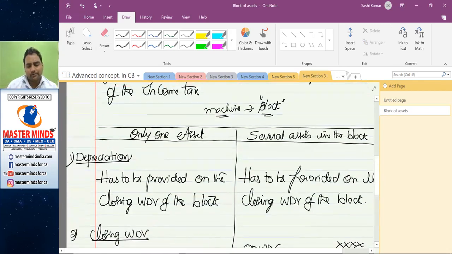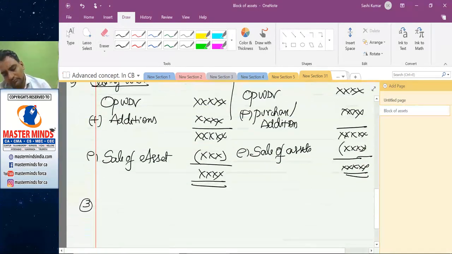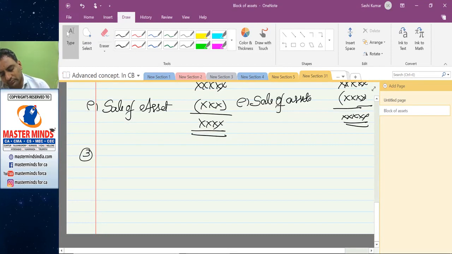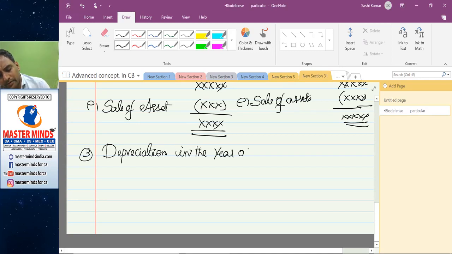Third point. Depreciation in the year of transfer.